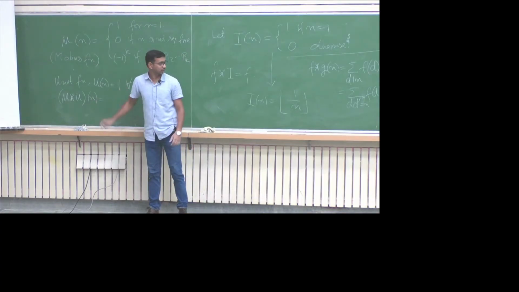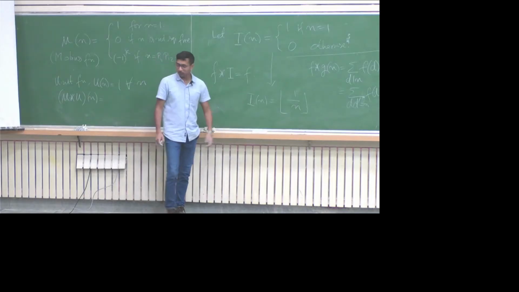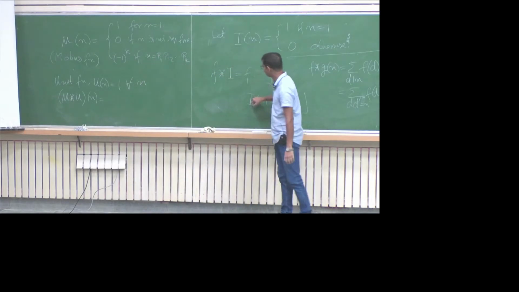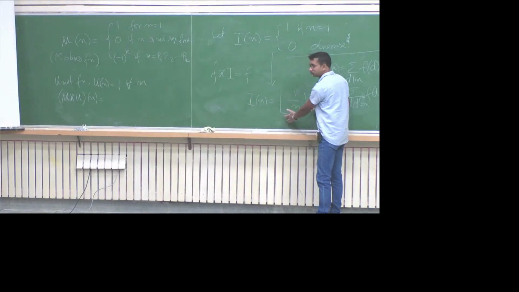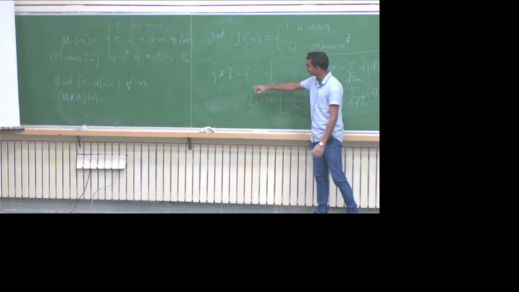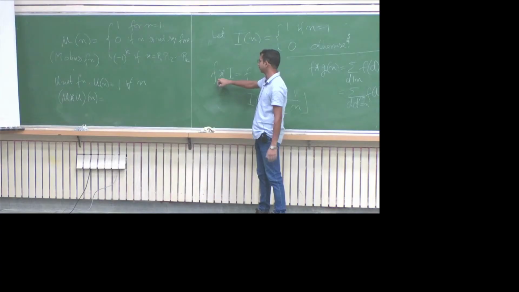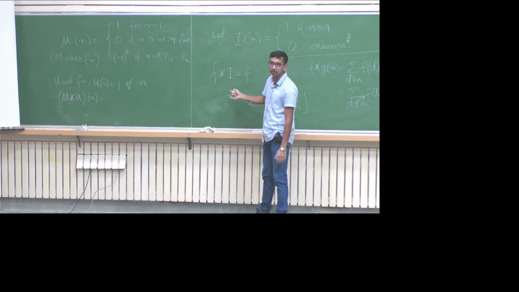We call it the unit function. For the identity function, let's use the notation I because it's easier to identify, I for identity. And we just saw that if we use this function, box of 1 by n, then for any function, if you take the convolution of this with identity, from left to right because it's commutative, you get f back.